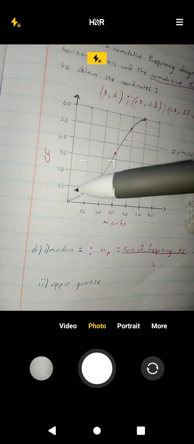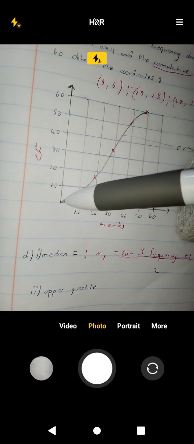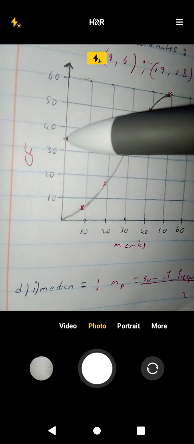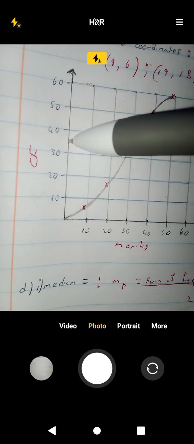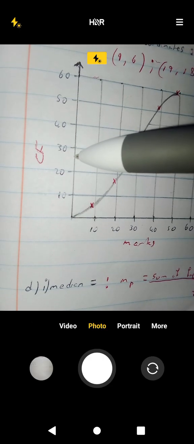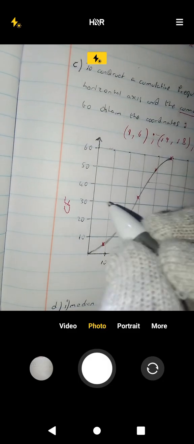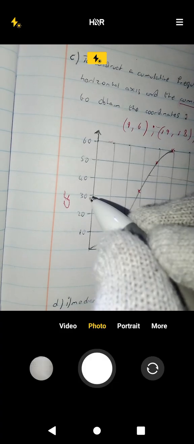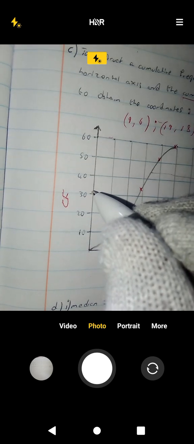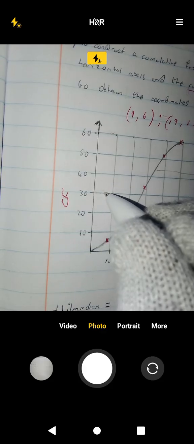So we just go to the cumulative frequency diagram and look at the 30.5 position. Please don't get confused: this is not 30.5, this is 35. 30.5 lies approximately about 30. So I'll use my free hand to draw this line from 30.5, which is about 30.